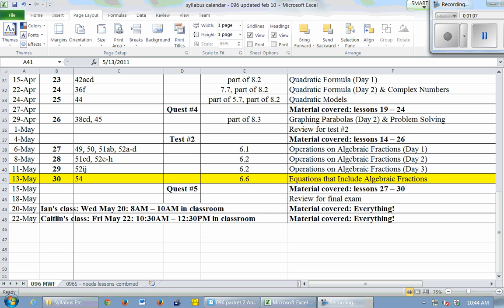And then our final is Friday the 22nd. So there's going to be quite a delay between our review class and the final. It's at 10:30. No class on Wednesday. If you're taking other classes, you might have finals on Wednesday, but nothing for this class.